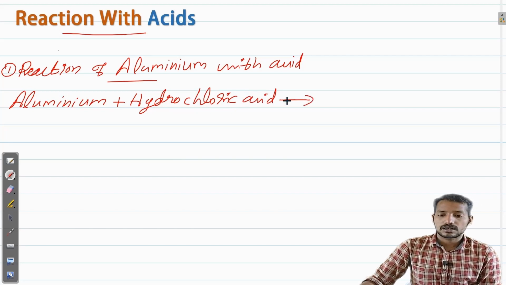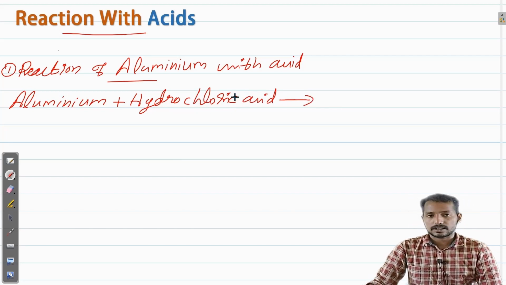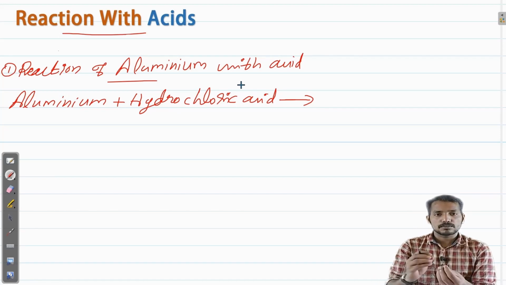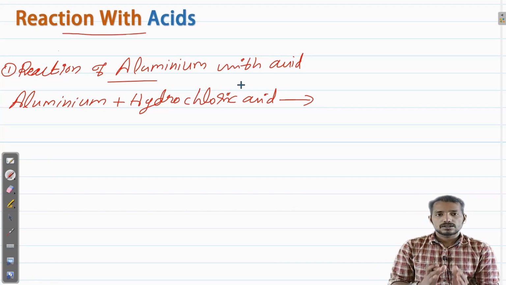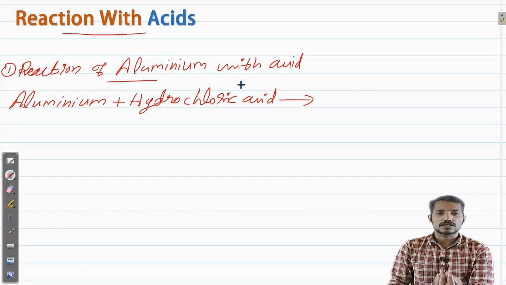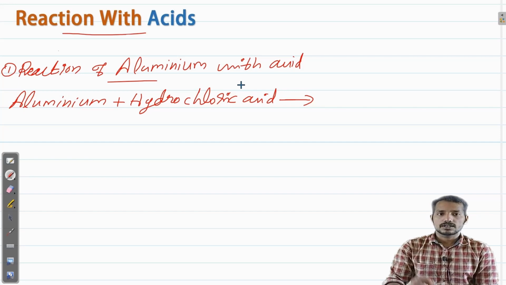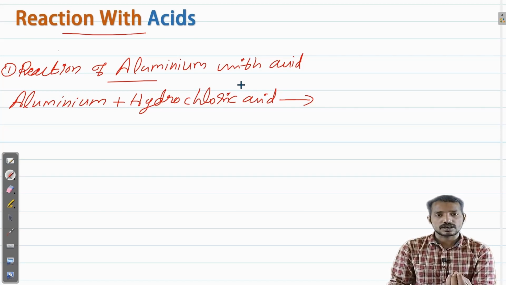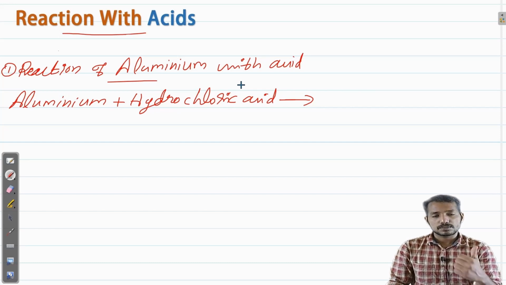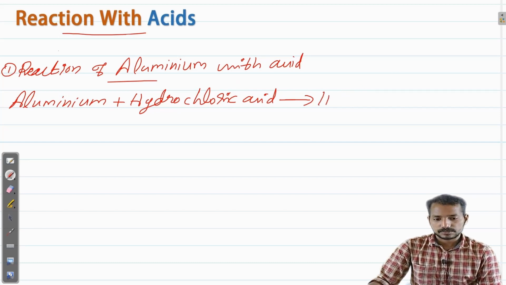In the reaction of aluminium with hydrochloric acid, we can observe that some bubbles are formed. These bubbles indicate the presence of a gas formed during the reaction. To identify the gas, bring a burning matchstick closer to the test tube, and we observe that it produces a pop sound, which means the gas is burning. That means the produced gas is hydrogen.